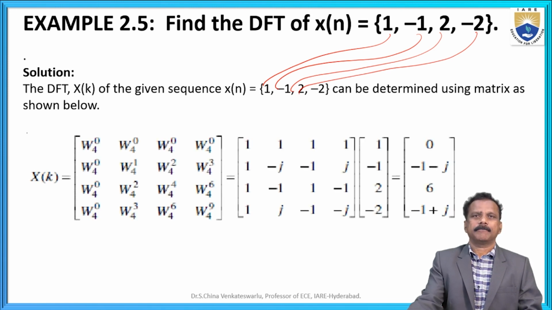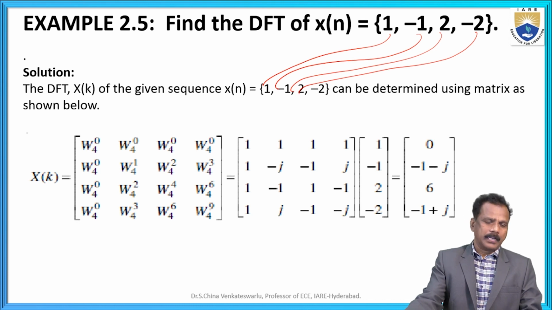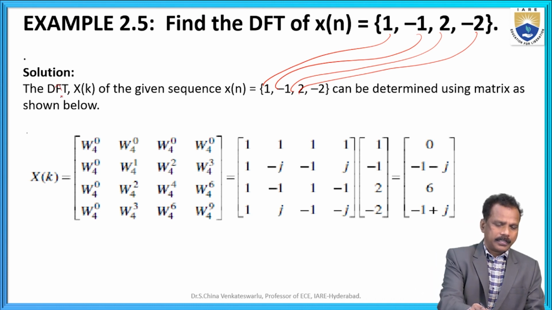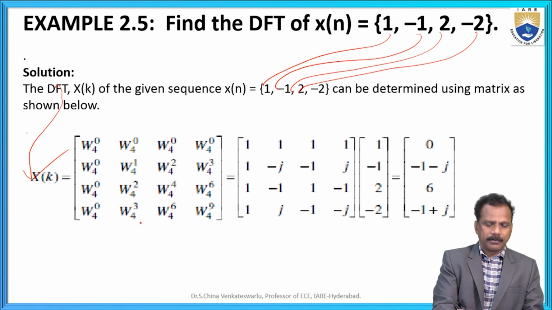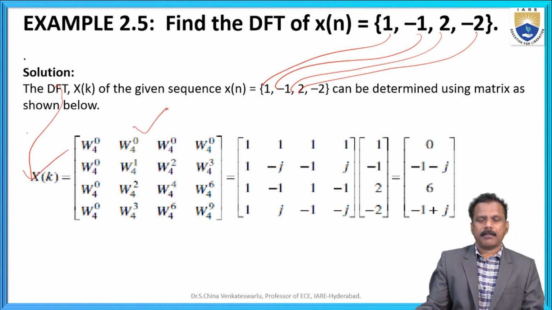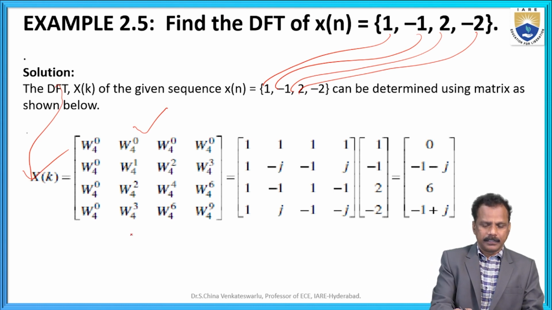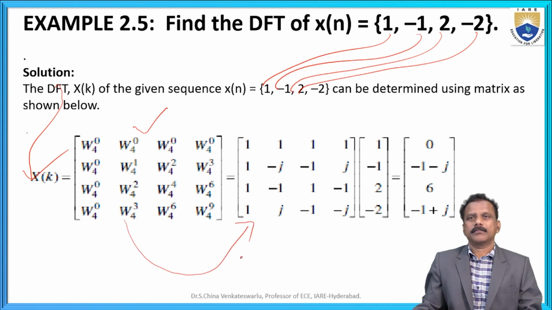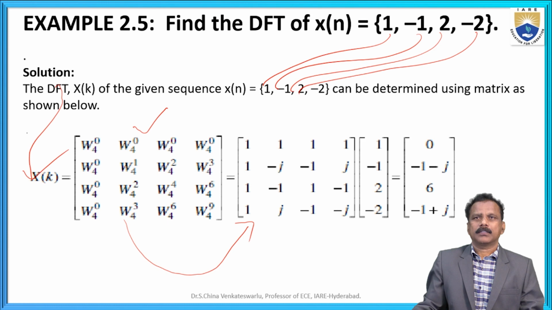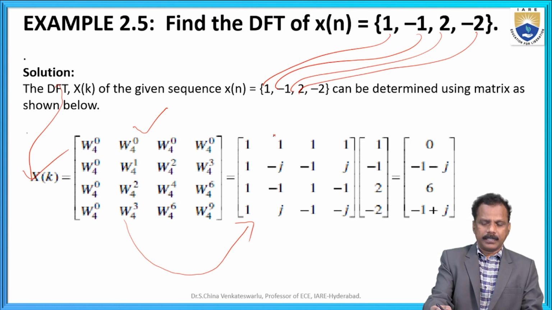We know the matrix form for the discrete Fourier transform X of k. Based on the twiddle factor, the weighting functions are like this, and you have to remember these. So multiply this weighting function matrix with the given x of n.